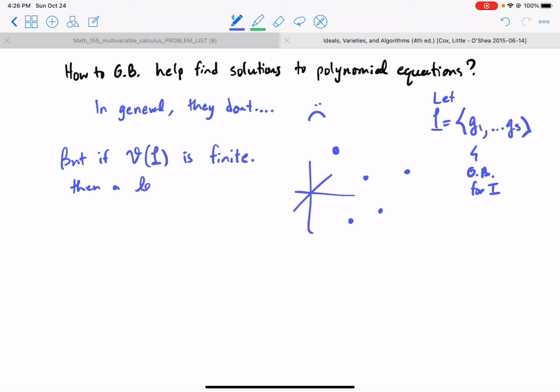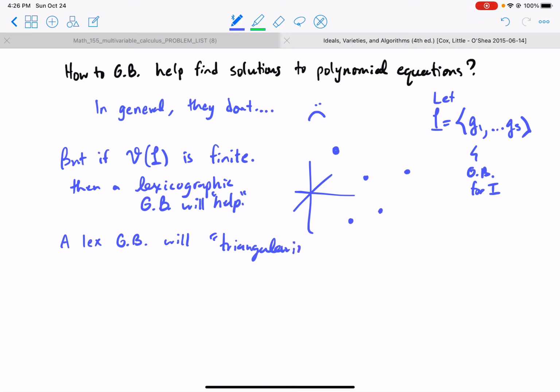Then a lexicographic Gröbner basis will help. Well, what does help mean? Help means that a Lex Gröbner basis will, and I'll use the word, triangularize your equations.